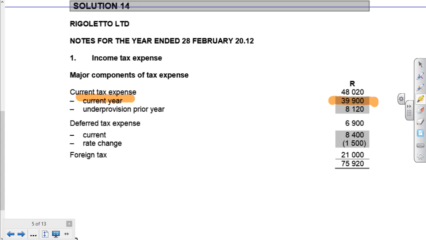Then there's an under provision from the prior year of 8,120, also from that T account, giving me a total current tax of 48. Then there's deferred tax expense, also from that T account, temporary differences, and then a minus for the rate change because the rate dropped. Yeah, giving you deferred tax.